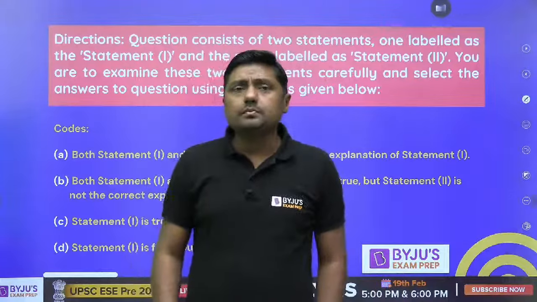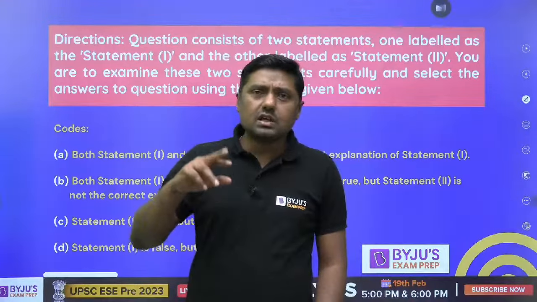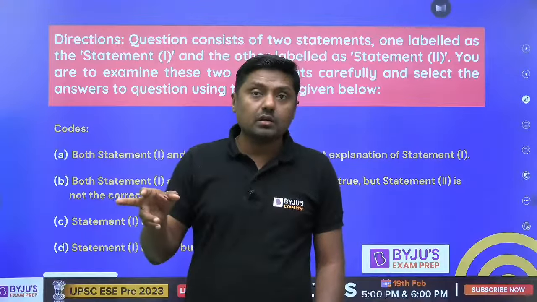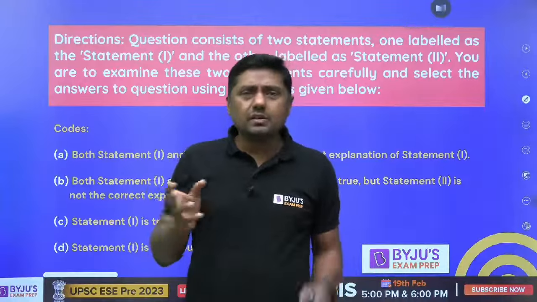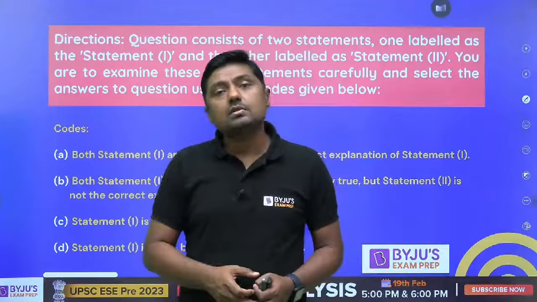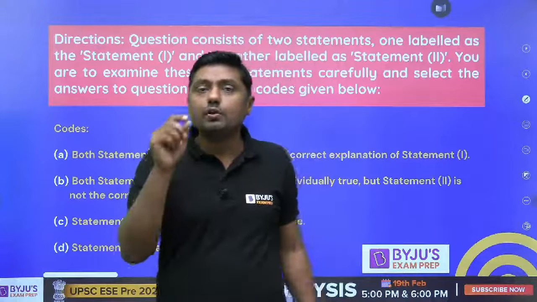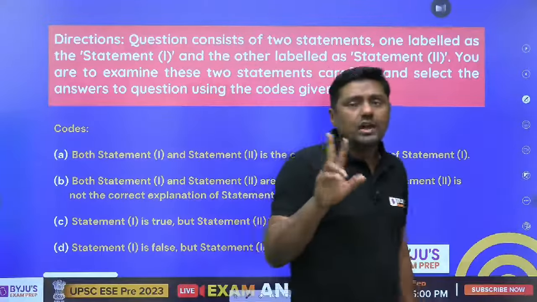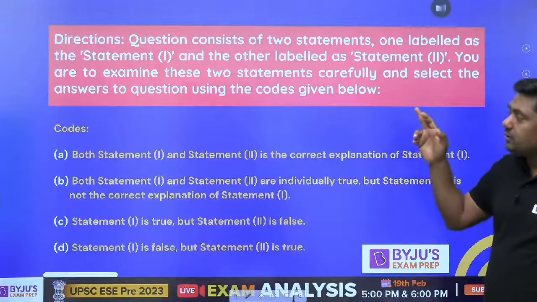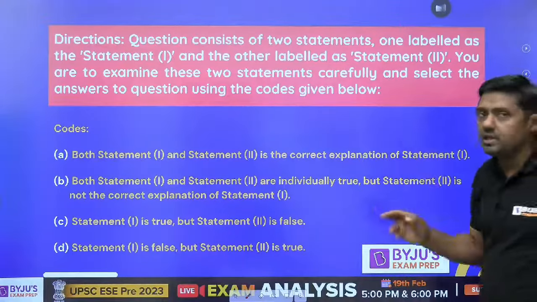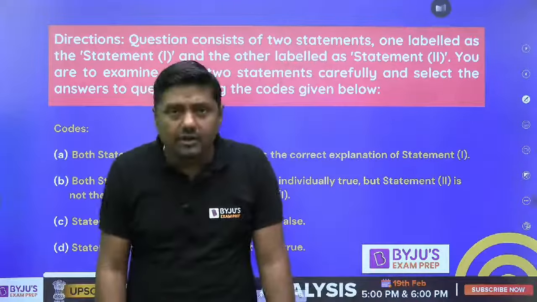If there is some reason, if you are thinking that the second one is the correct explanation of the first one, because of that, since, due to, then again you can go for A. Otherwise both the statements are correct, but there is no relation between 1 and 2, and you have to choose B. So that is the complexity. If both the statements are correct, then we have to decide whether option A is correct or B is correct. Okay, so this is the probability of it coming.